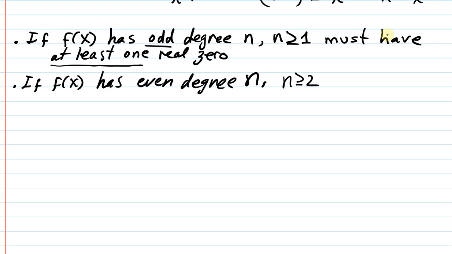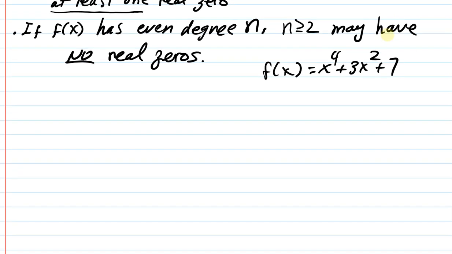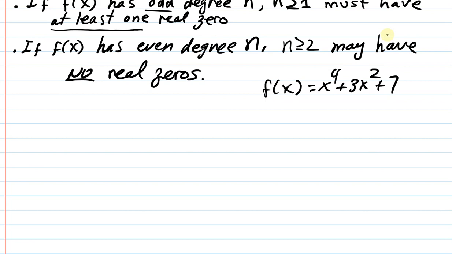And then this one, this is the opposite of the one that's above. This one may have no real zeros. You see that? And the reason is, for example, let me make one up. f of x is x to the 4th plus 3x squared plus 7. There you go. This one may have complex roots.